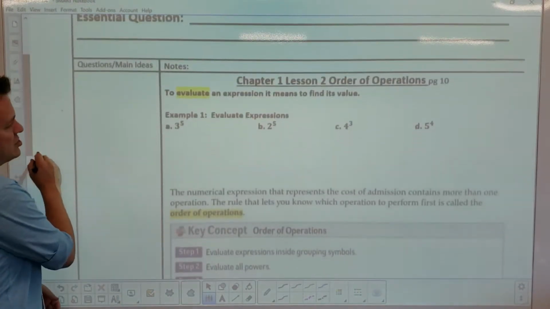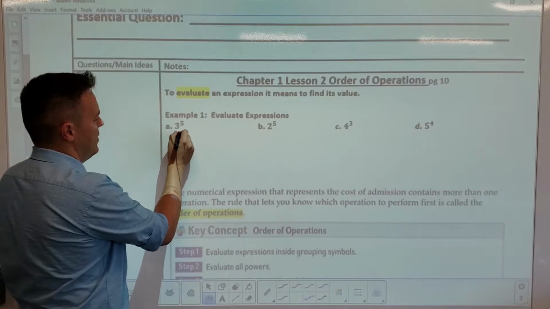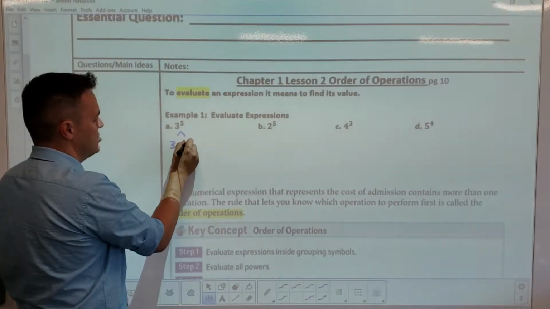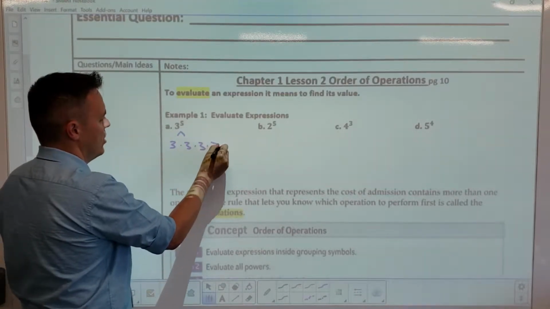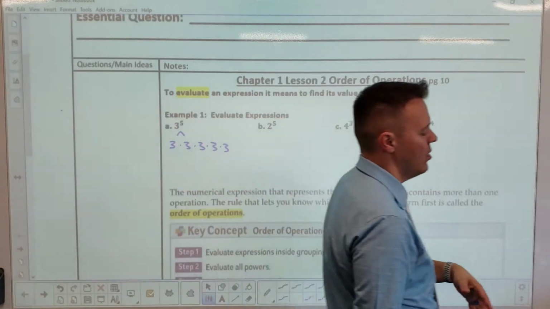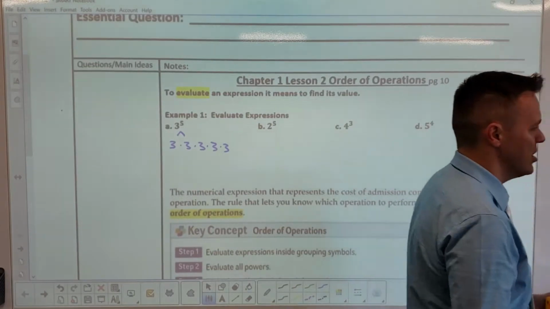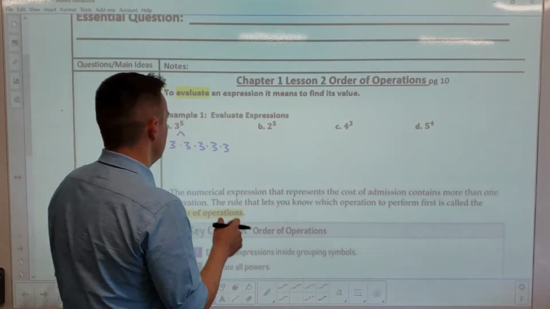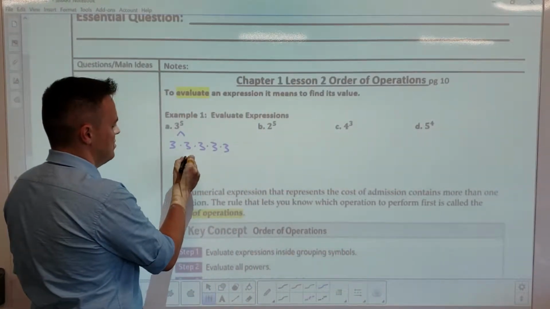So what does this actually mean? 3 to the power of 5 means there are 1, 2, 3, 4, 5 of them. So what you would do is start multiplying it across. In class, I'll show one of these. So this would be 3 times 3, which would be 9.